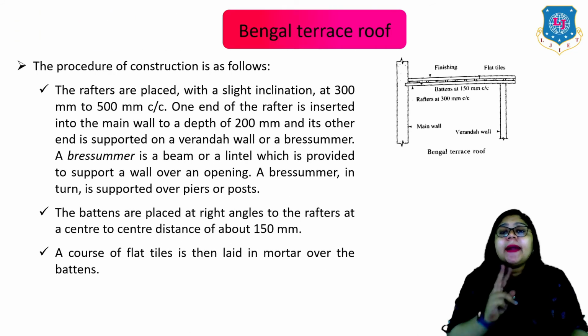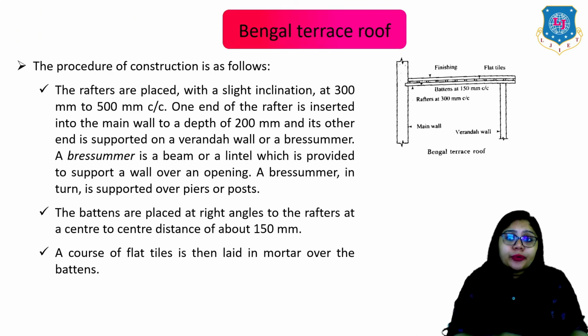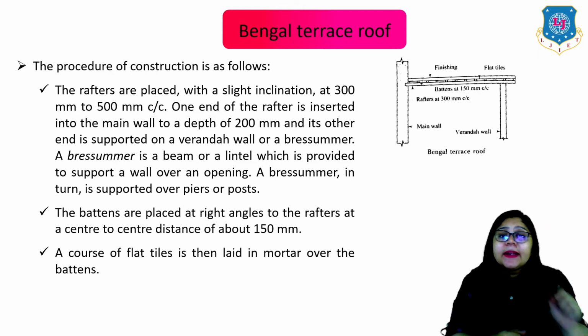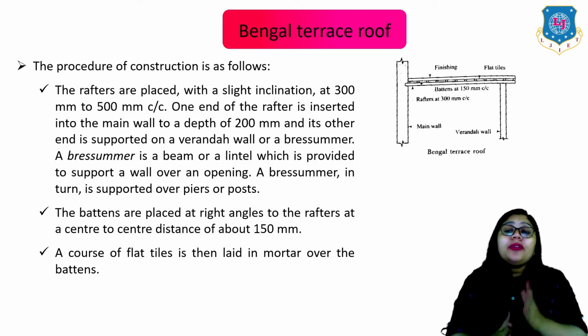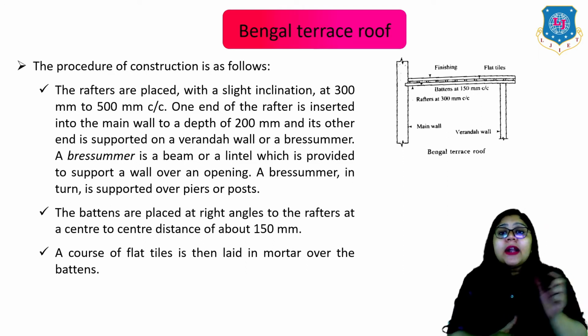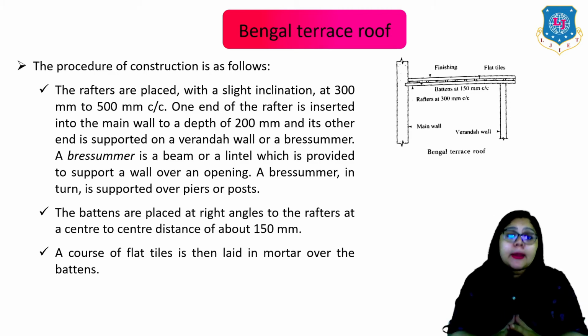Now let us move to the second type, which is the Bengal terrace roof. Again, let us first understand the procedure. The rafters are placed with a slight inclination at 300 mm to 500 mm. One end of the rafter is inserted into the main wall to a depth of 200 mm and its other end is supported on the veranda wall.